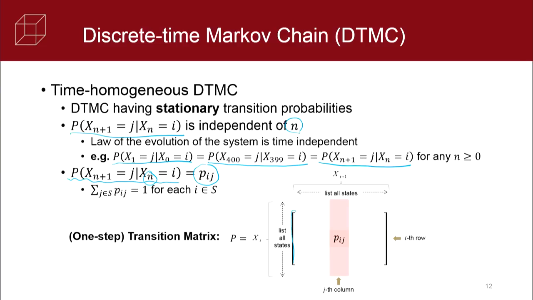When we build up the matrix, you just list all possible states that Xt can take, and the columns correspond to all the states that Xt plus 1 can take. So row i, column j represents the one-step transition probability from state i to state j.